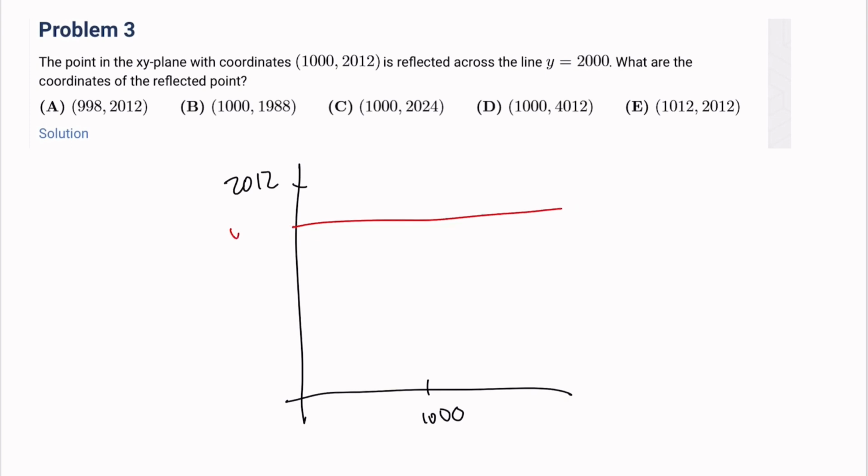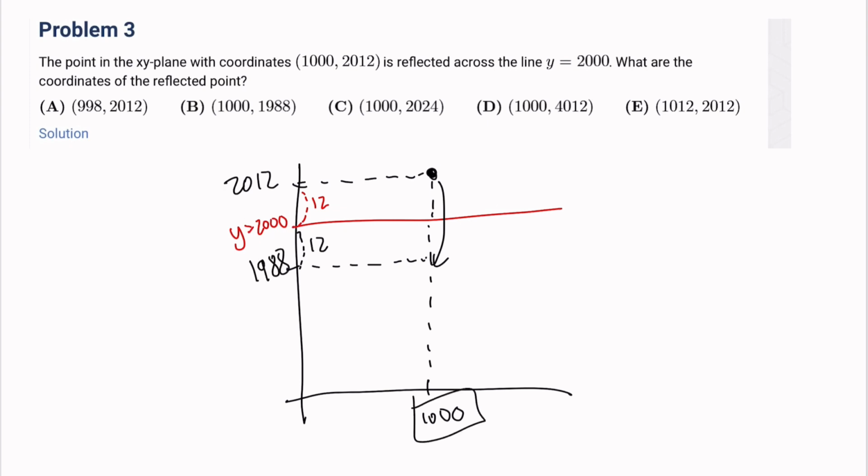That means the length from here to here would be 12, and the point right here would be the point 1000, 2012. For this point to be reflected across this line, it must go 12 downwards too, right? So the y value would be 2000 minus 12, which is 1988, and so it's 1000, 1988.